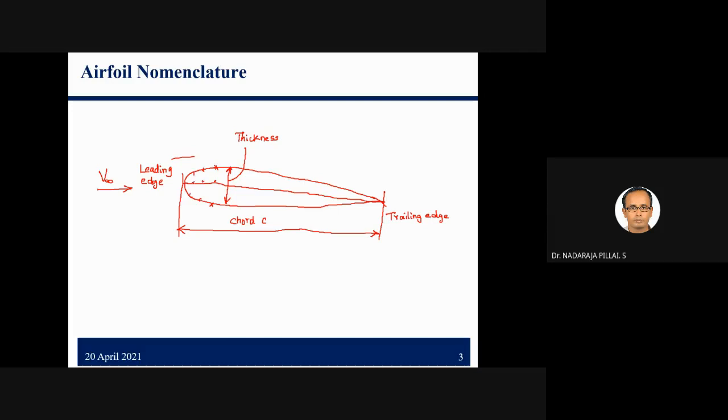I mark this particular line, which is the line joining the midpoints. This line is called the mean camber line.